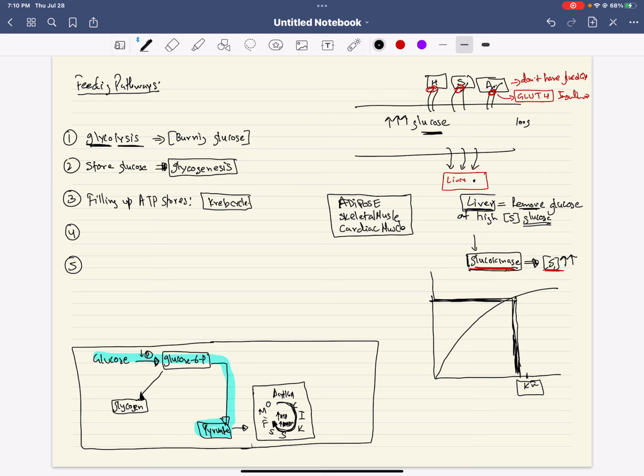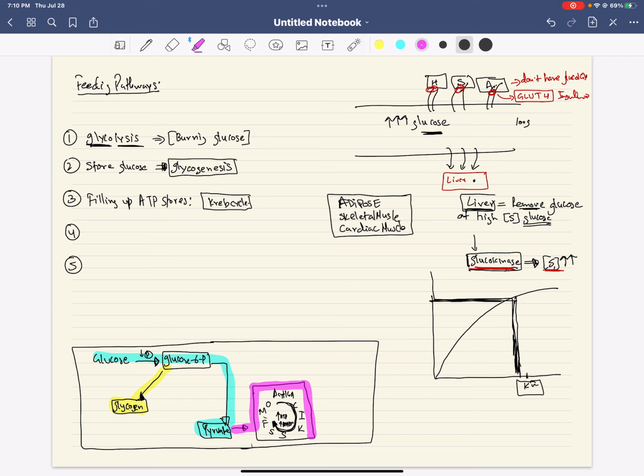So you got this Krebs cycle. Let's say you got your glucose, you're burning it down, making pyruvate, and you got your glycogen. You fill these stores because you can only store so much glycogen. And then you got your pyruvate, and you still need to fill up your ATP stores, so you go to the mitochondria right here.